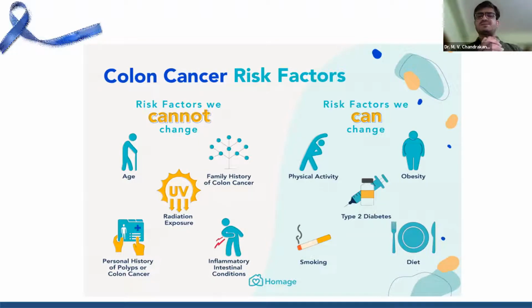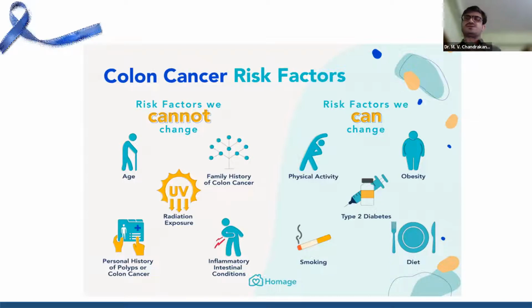Processed meat is a big risk factor for colon cancer, and so are lack of physical activity and eating a lot of junk food that is lacking fibers. These are all harmful and they cause colon cancer. So non-modifiable factors, which I cannot change, are age and family history. I can't do anything about them. The only thing is I can get myself into a high-risk screening protocol if I have a family history.